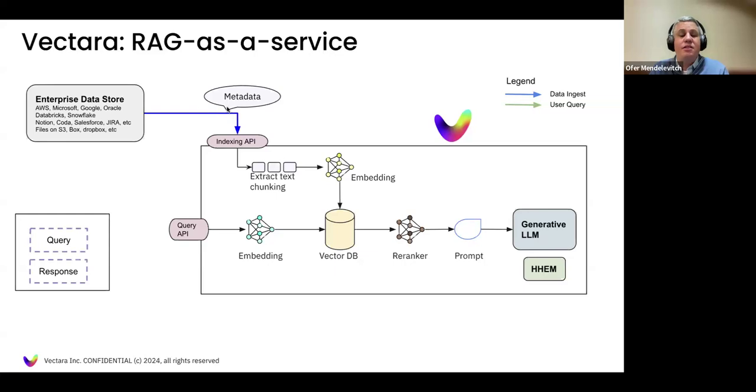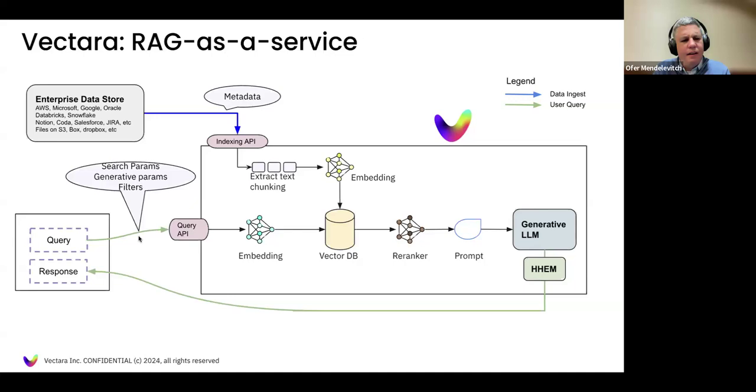And you can ingest this data with some metadata. Then you have to extract the text if it's a file like a PDF, and you have to decide how you chunk text if it's too long into smaller pieces. Then you run something called the embedding model, which encodes it into a vector representation and puts it in something called a vector database. Many of you have probably heard about this.